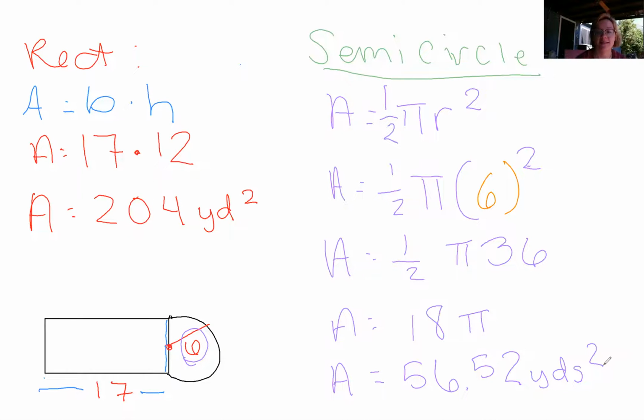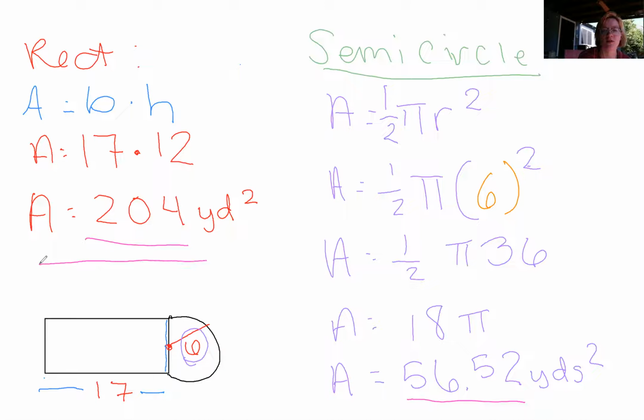The very last step that we need to do here is take and actually compound our areas. So I'm gonna take this 204 and I'm gonna take this 56.52 and I'm just going to add them together. 204 plus 56.52, your total area at the end should be 260.52.